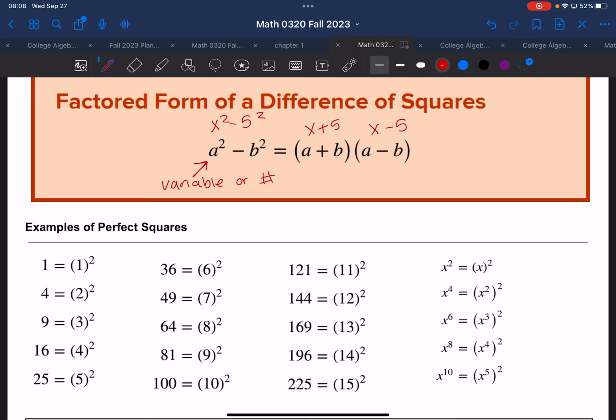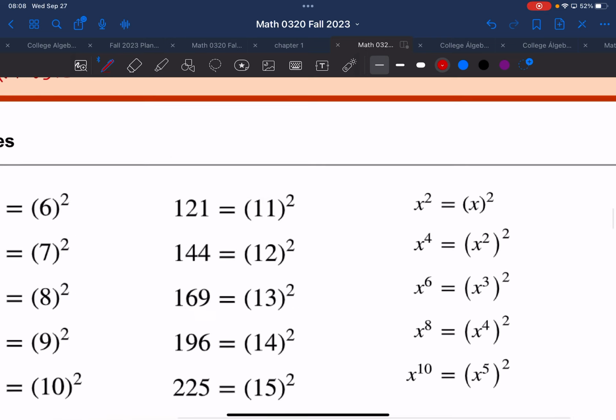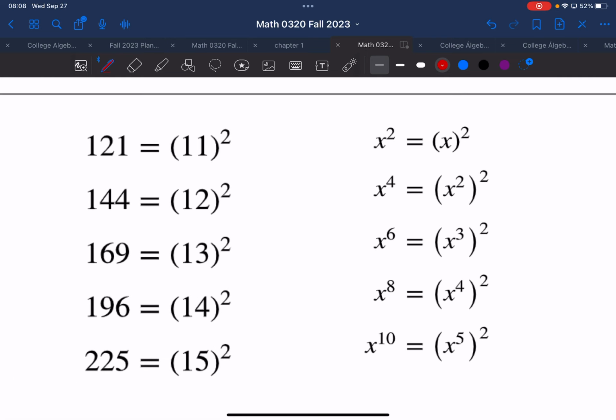In the case of variables, like right here, these are all the variables that we could write as perfect squares. So just remember, when we have an exponent raised to another exponent, in terms of properties of exponents, we multiply, okay? So that's how they multiplied these to get 4, this one to get 6, this one to get 10, okay?